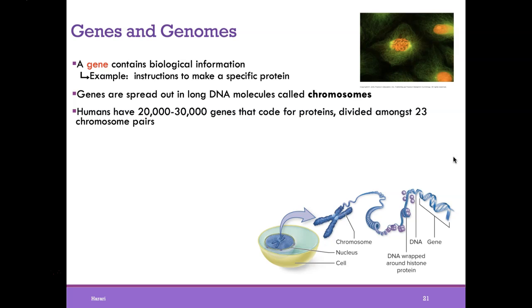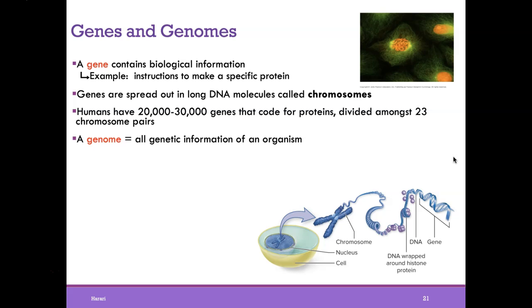And each set of 23 chromosomes has 20 to 30,000 genes that code for proteins. So the human genome includes 20 to 30,000 genes scattered on 23 pairs of chromosomes. And the genome is all the genetic information of the organism.